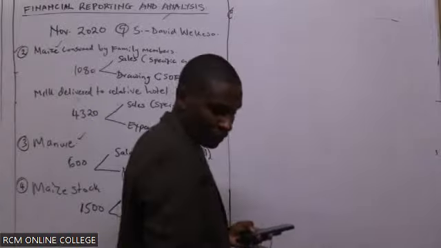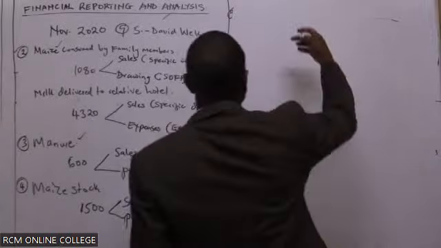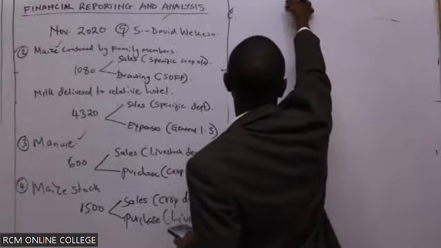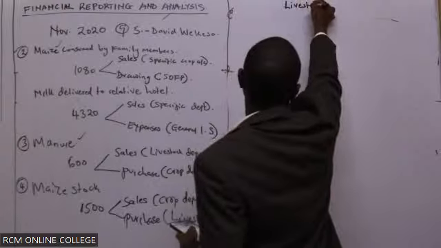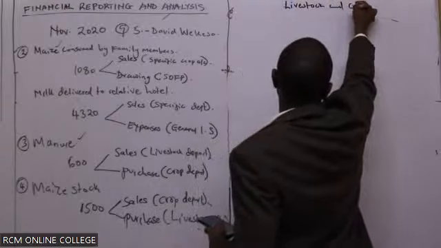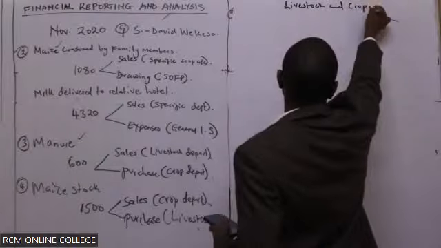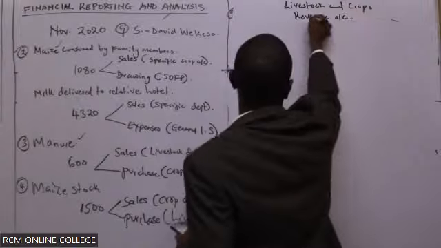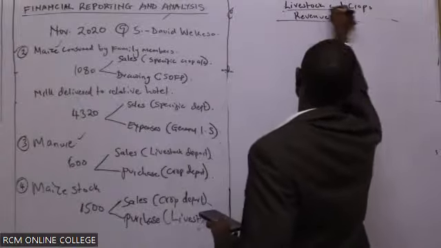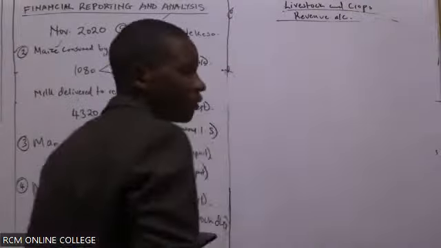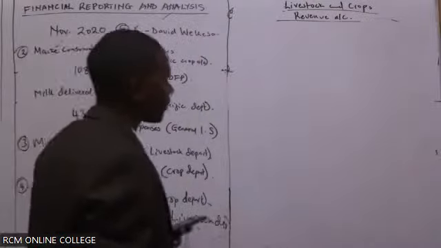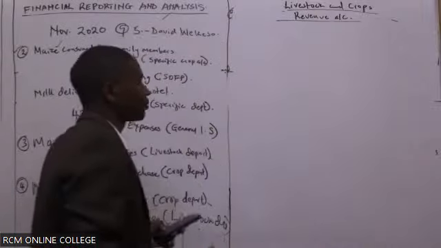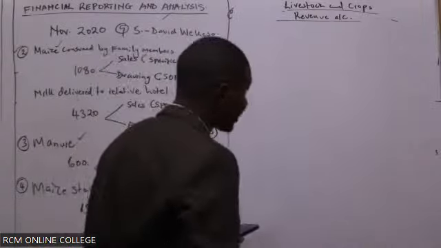So livestock and crop revenue account. Great. We combine them, but you can as well separate them. But for exam purposes, we need to combine these so that we can do them concurrently.